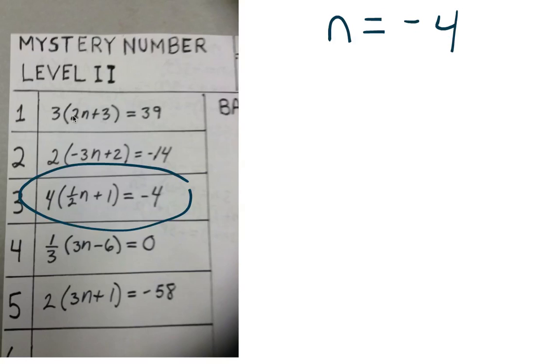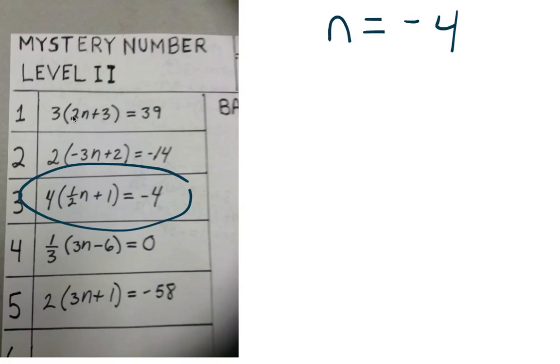So we're going to start with n is equal to negative 4 for the third one. So n is equal to negative 4. We are going to cut the value in half. That's going to make it negative 2 on both sides.